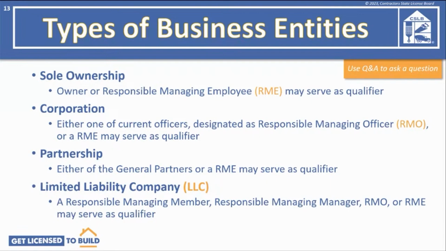That's 2% of our licenses. Finally, a limited liability company or LLC, where a responsible managing member, responsible managing manager, responsible managing officer, or responsible managing employee may serve as a qualifier. About 1.5% of California construction companies are LLCs.